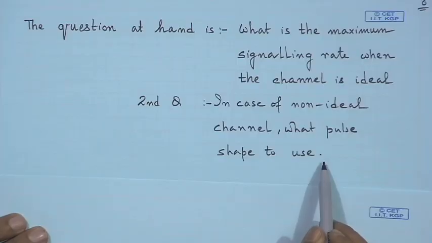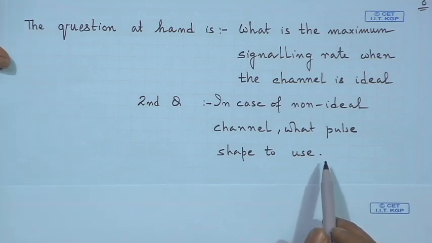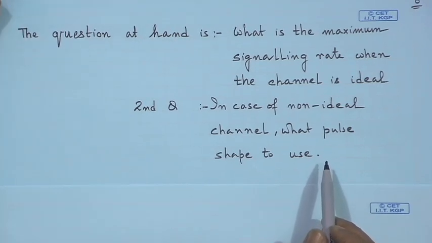So to do this, let us proceed further. The next question we are also interested in is, in case of a non-ideal channel, as we have just depicted, what pulse shape is to be used so that we can avoid the situation. These are some of the interesting things that we can look at today.